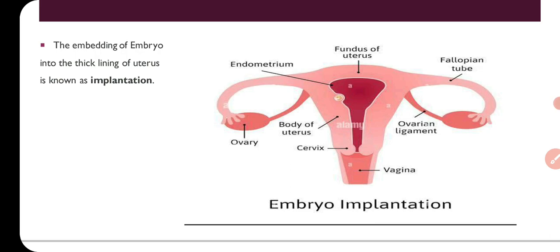Then this embryo moves forward into the uterus, and it gets embedded in the wall of the uterus. That wall is called the endometrium, and this process is known as implantation. The embedding of the embryo into the thick lining of the uterus is known as implantation.